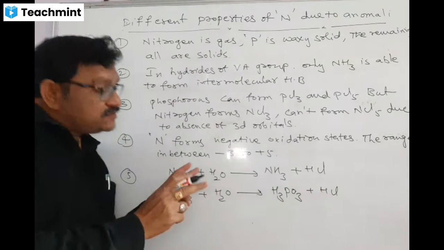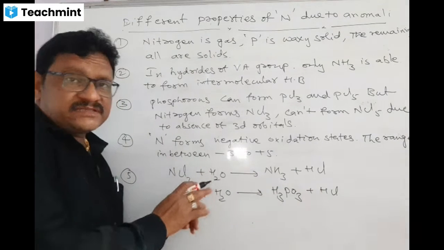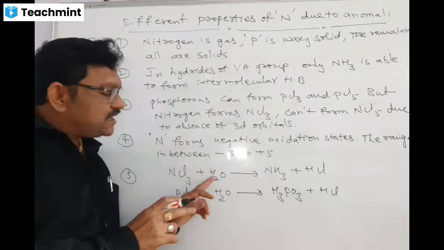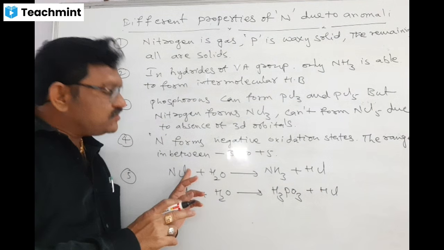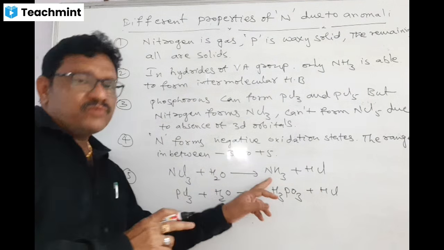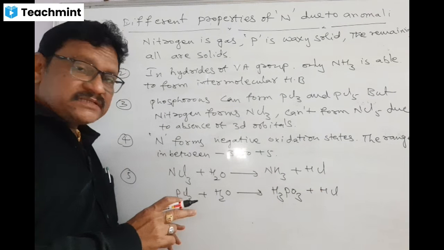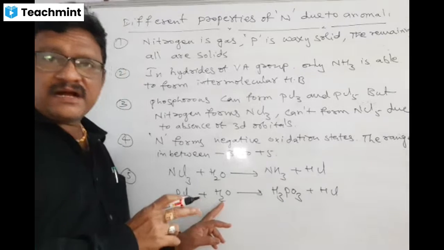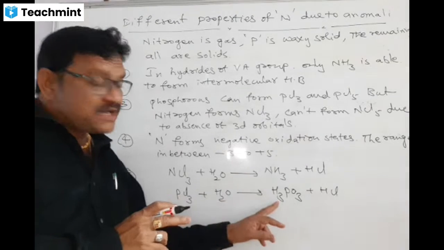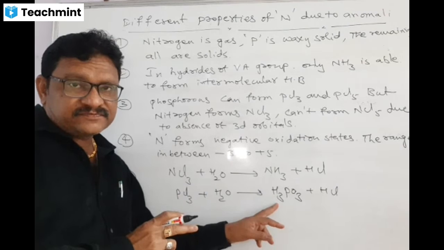So here the main difference on hydrolysis: NCl3 gave ammonia, hydride of nitrogen, whereas PCl3 gave an acid, phosphorus acid.